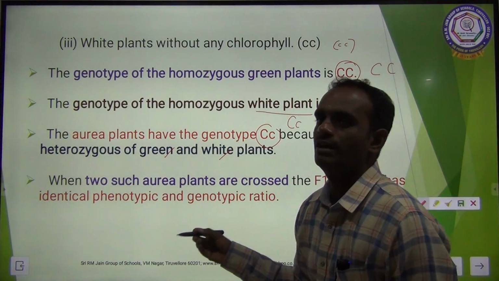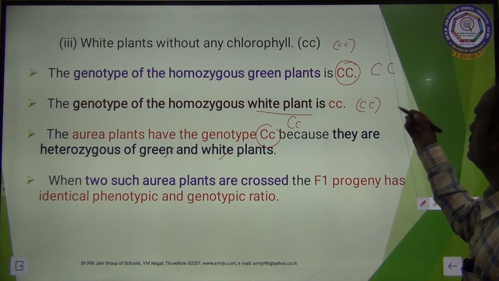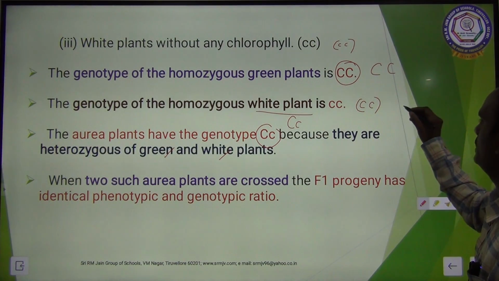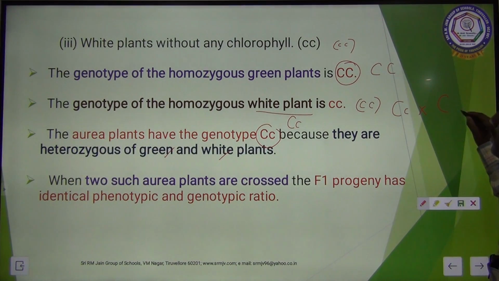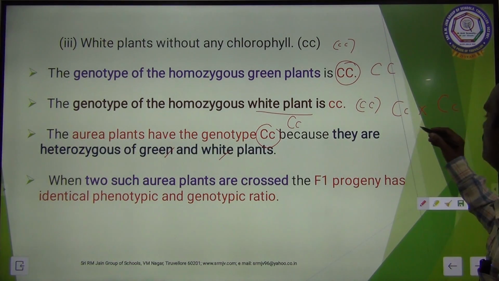because they are heterozygous for green and white. When two such Arya plants are crossed, what is the genotype of an Arya plant? Capital C, small c, crossed with another Arya plant. Two Arya plants were crossed. So what will happen?